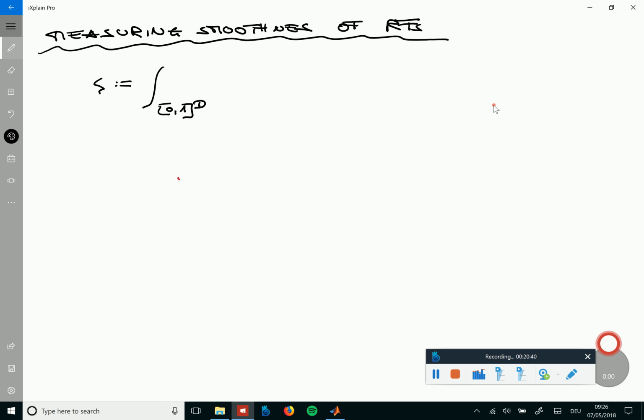It's an integral over the unit square, so over the interval 0 to 1 if you are in 1D, over the square that we've just seen in 2D, and of course a cube of side length 1 located at the origin in 3D. It's an integral over a determinant.